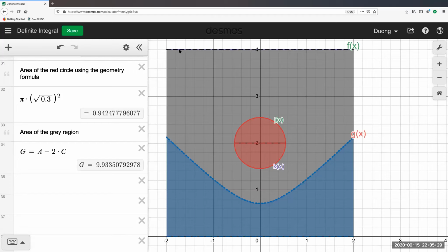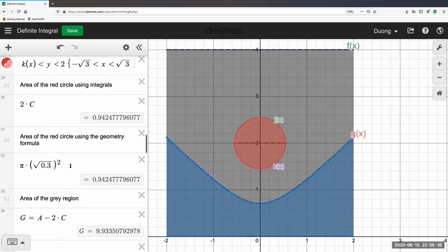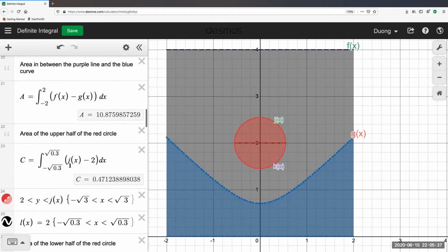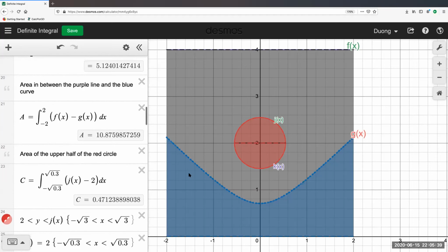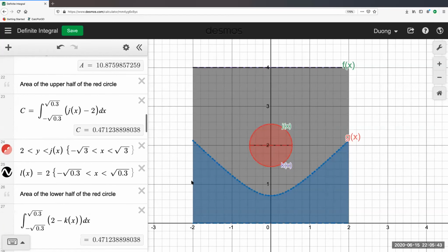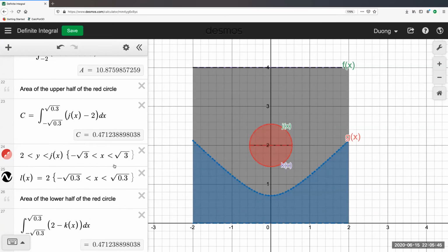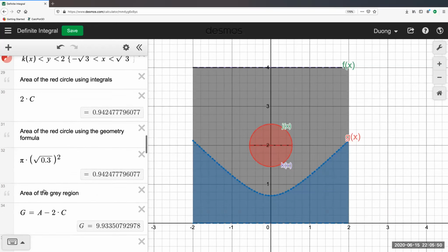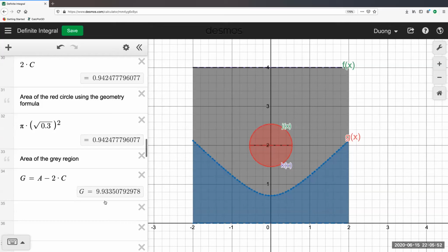We found the area of this big gray region, and we found the area of the circle. If I call A the area in between the purple line and the blue curve, and C the area of half of the circle, then the area of the gray region is A minus 2 times C.